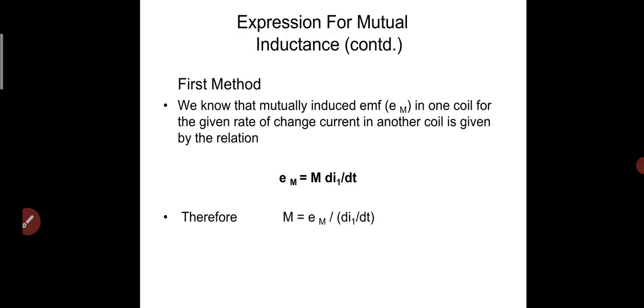First method: we know that the mutually induced EMF, e_M, in one coil for a given rate of change of current in another coil is given by the relation e_M is equal to M di1 by dt. So M is equal to e_M divided by di1 by dt.